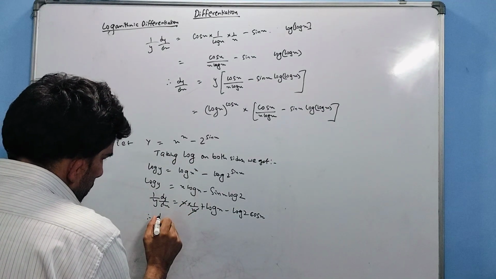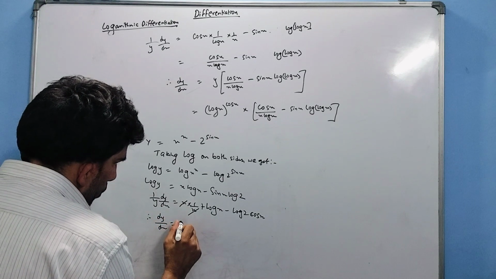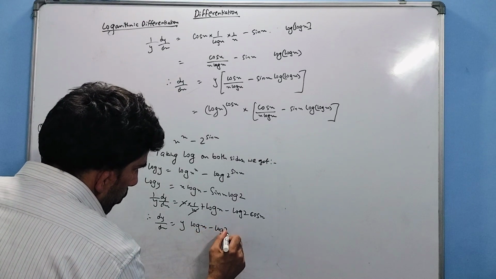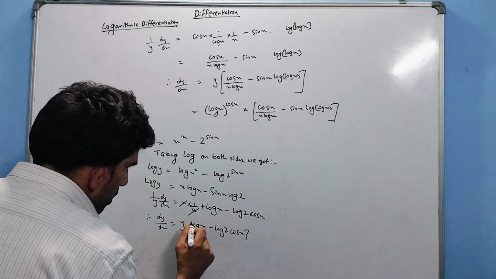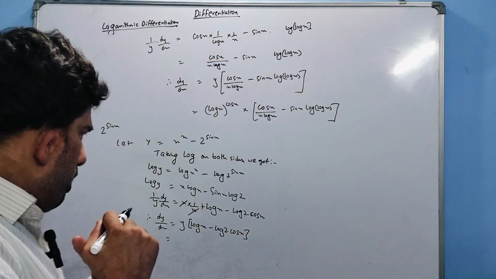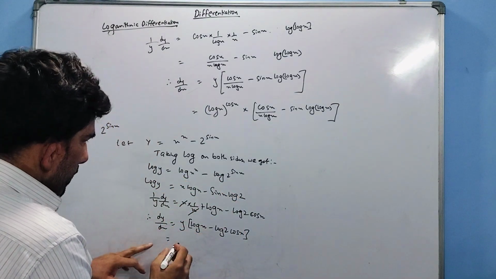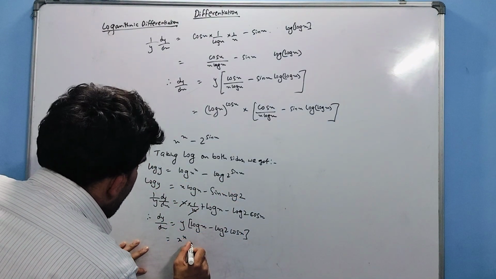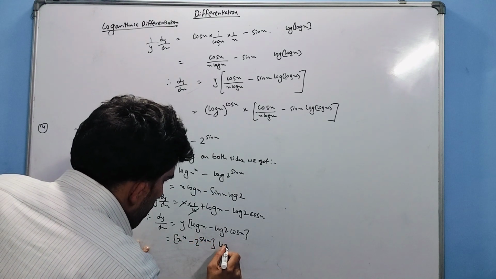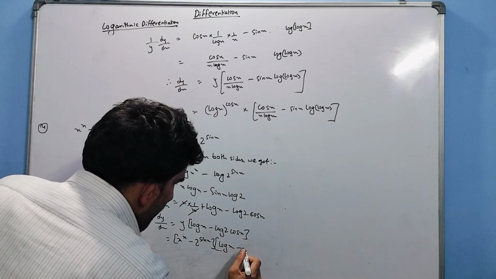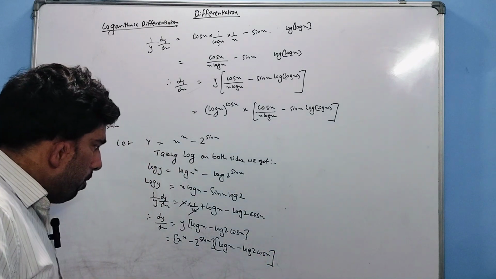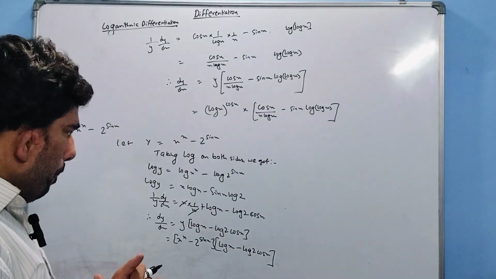Now, therefore, dy upon dx is equal to y into log x minus log 2 cos x. So what is y here? We have y: x raised to the power x minus 2 raised to the power sin x into log x minus log 2 cos x. Okay. Further we can multiply inside.